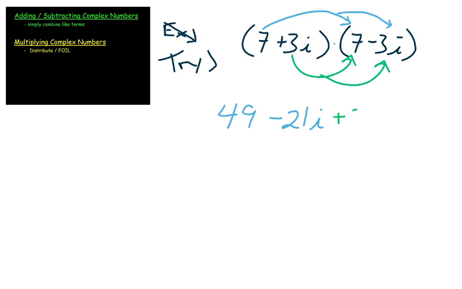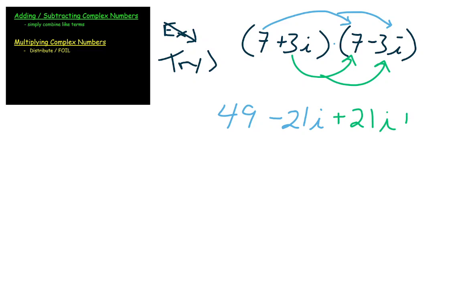3i times 7 is 21i. That is positive. Now, how'd you do with the last one? 3i times negative 3i? How many of you are ready just to write plus 9? Well, if you say, I'm ready, then you may do that. If you're like, why did you get plus 9?